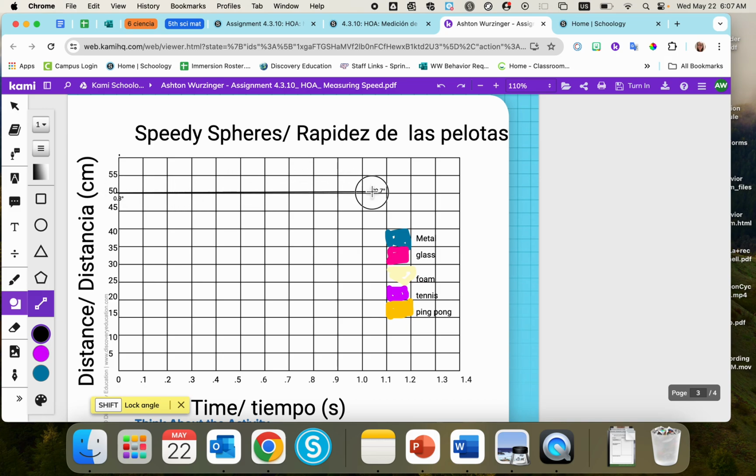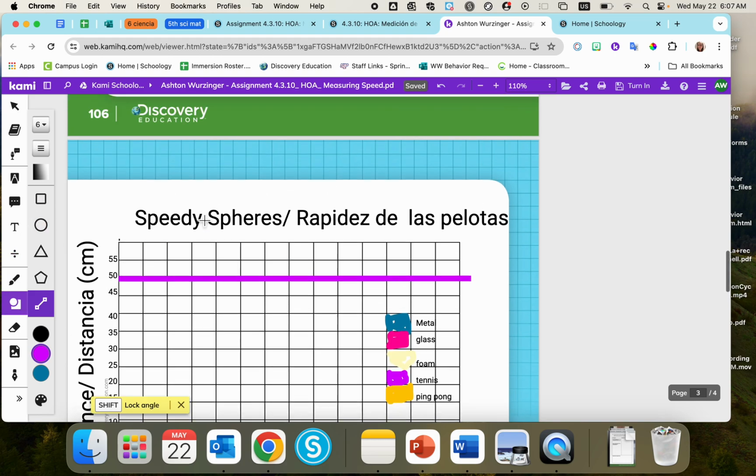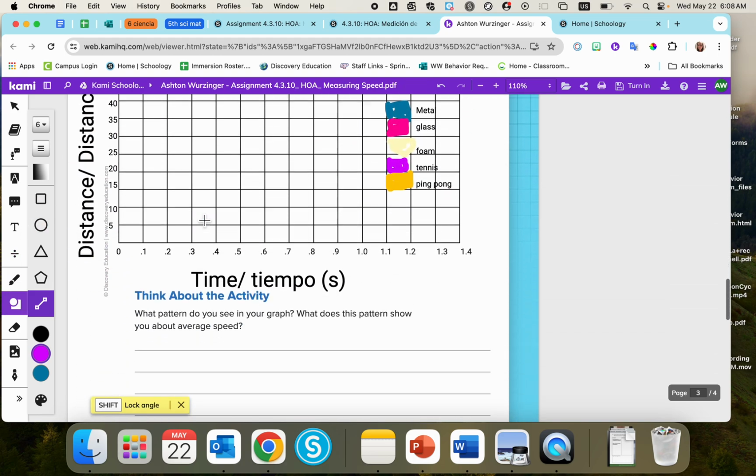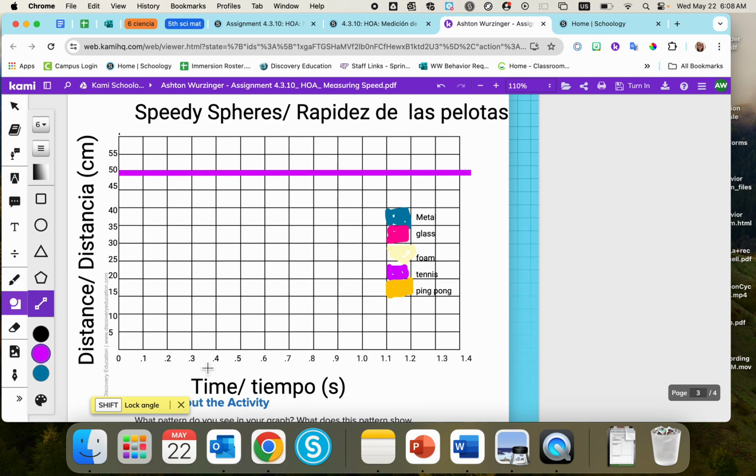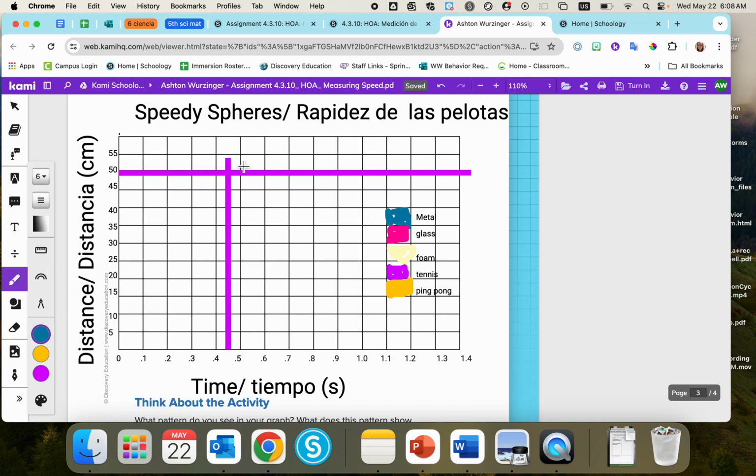So if I look at this line, and actually let me do a darker one. If I look at just this line, this is the only line that I have to think about. And now I've got to look for 0.45. Well, here at the bottom is my time, 0.4, and 5 is in the middle. So where they cross, I will do my first dot.